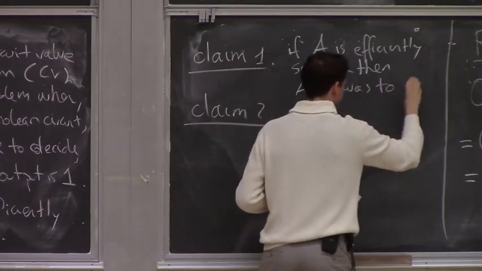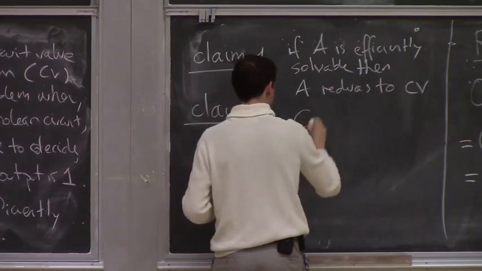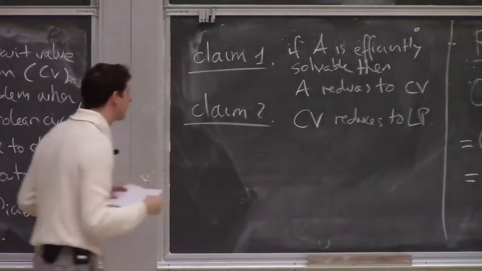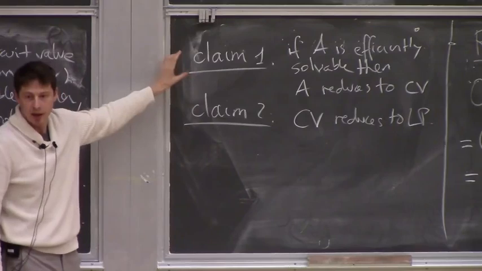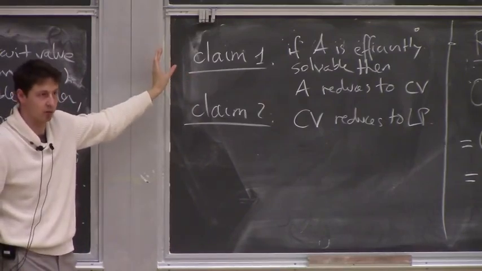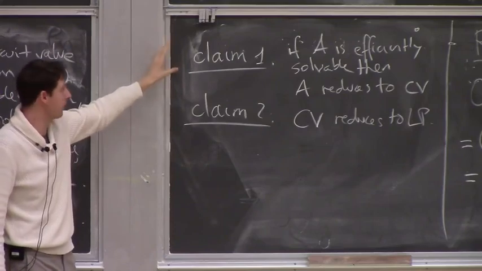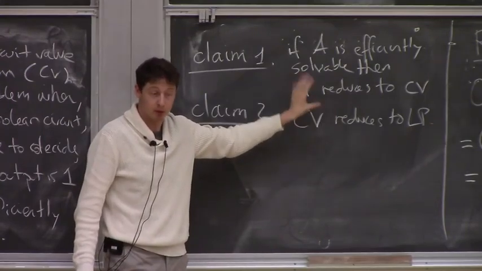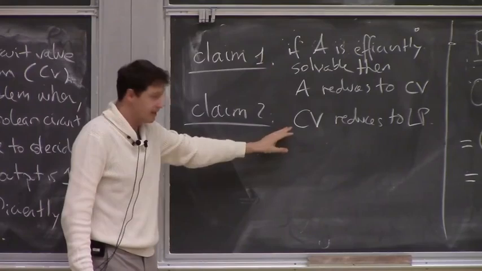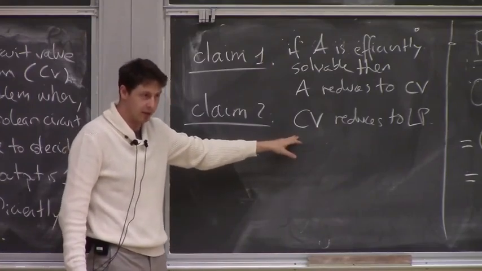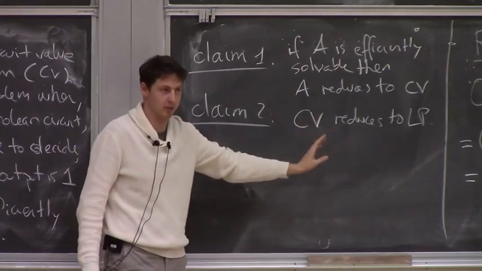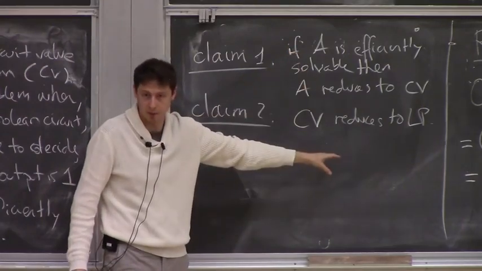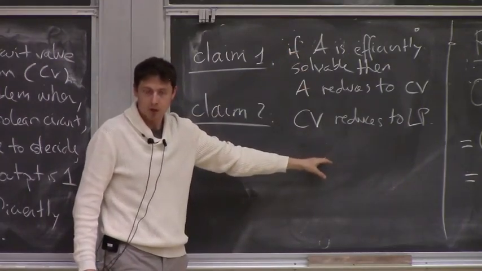And the second claim is that CV reduces to LP. Okay? Is it clear what I'm saying? I'm saying pick some problem A, and let's say that it is efficiently solvable. I don't care what the problem is. Then I claim that that problem reduces to the circuit value problem. We'll talk about this in a moment. And the second claim is that the particular problem, circuit value, reduces itself to linear programming. When I chain these two things together, we learn that everything efficiently solvable actually reduces to LP. Okay? So this we'll prove in a moment.